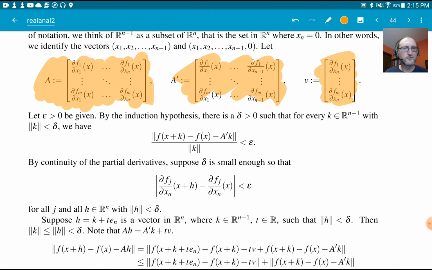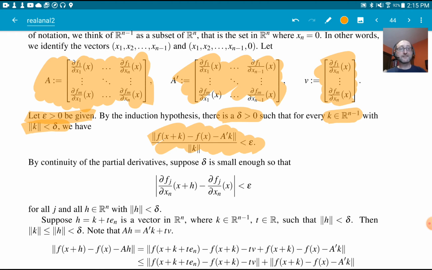As you know, we're trying to show that some limit is 0. So let epsilon be given. Now, we have the induction hypothesis. We're saying that the theorem works in n-1 variables. That means that there is some delta such that for every k in R^(n-1), if k is within delta of 0, then I have this thing.